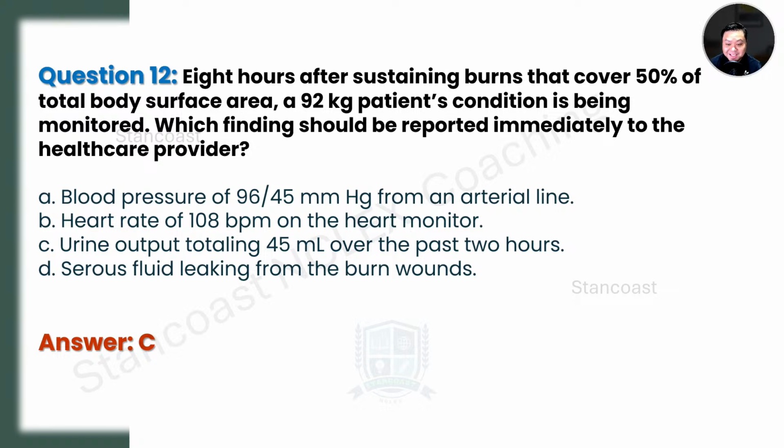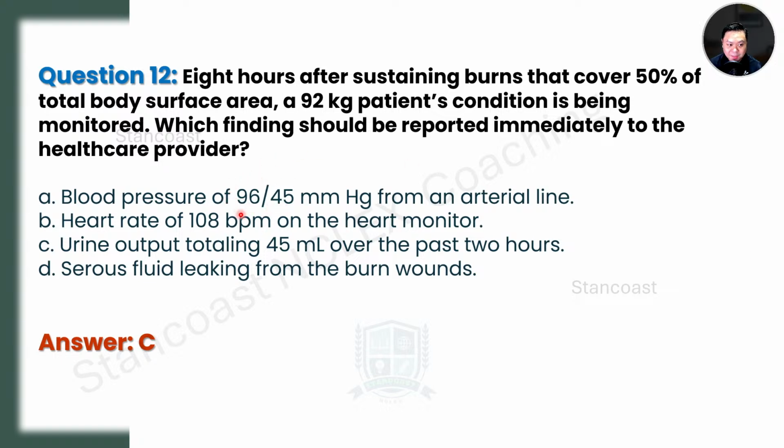If you selected letter A, blood pressure of 96 over 45 mmHg, we know that is low. This is expected in the emergent phase, but is it that critical though? I don't think so. Our main goal during the emergent phase is to keep the systolic blood pressure over 90 mmHg.